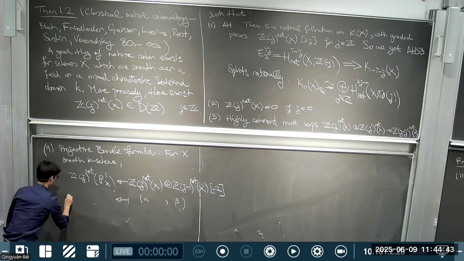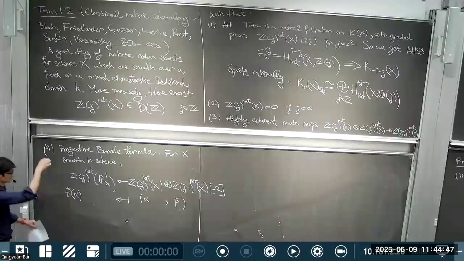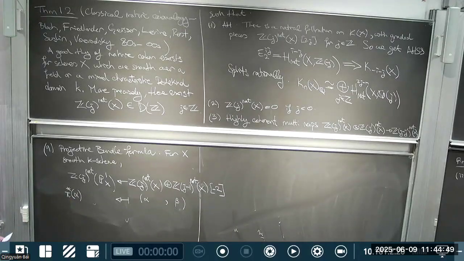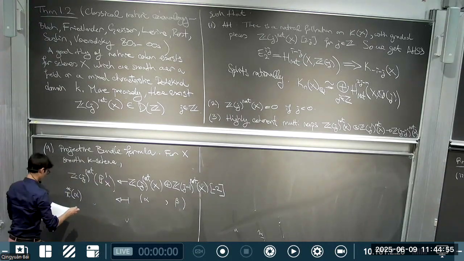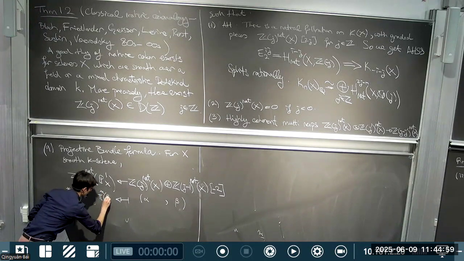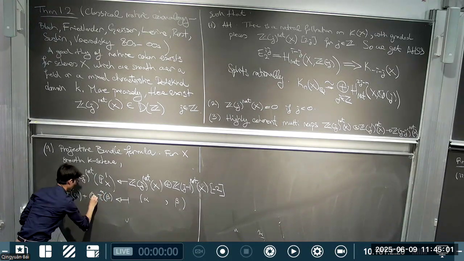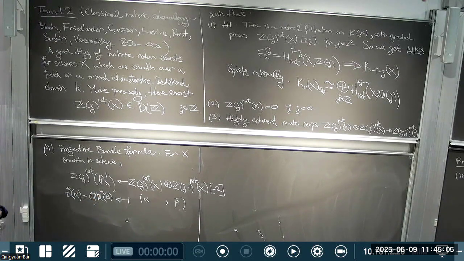For the class in the base, let me write pi for the structure map of P1. I just pull it back. And what do I do for the shifted twisted copy? Well, I start by pulling it back, and then I multiply it by the line bundle O(1) that I have on P1.